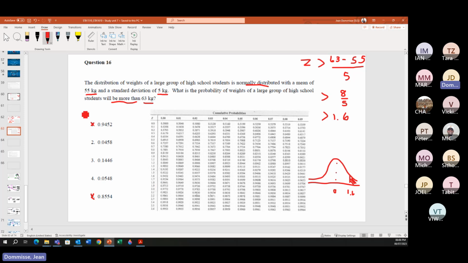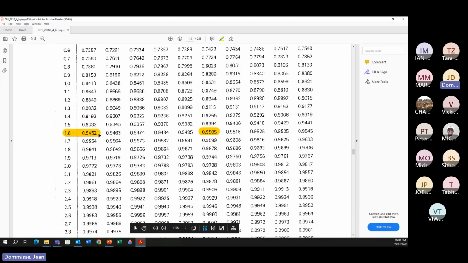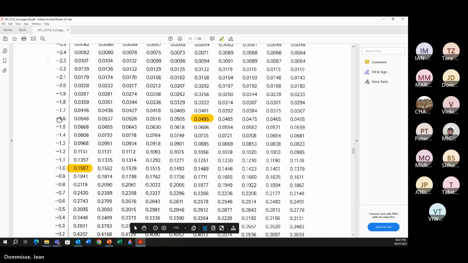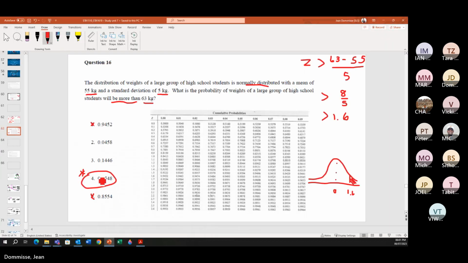So 1 minus that is 0.0548, which is option 4. We could also have checked negative 1.6, and there we have it, 0.0548.